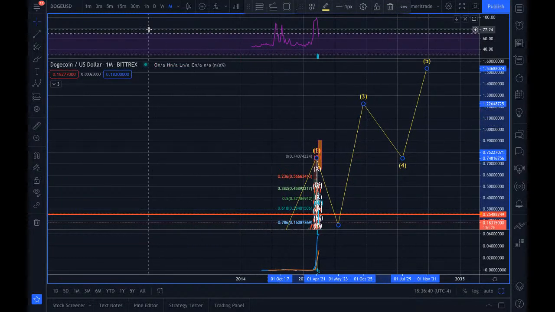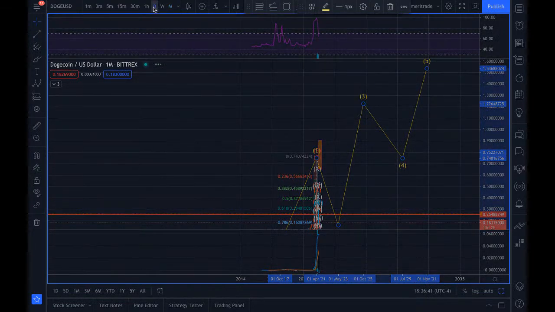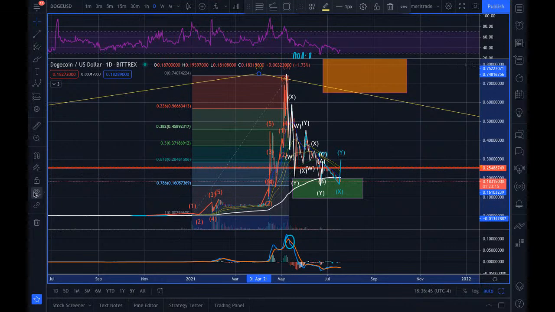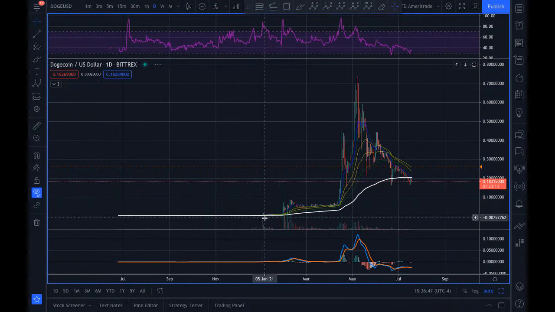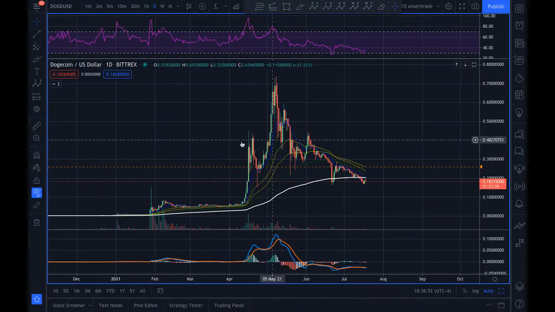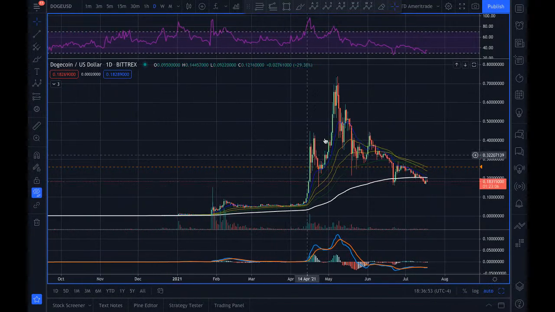But it'll look something like that. It'll look something like the daily chart looked like. Let me turn these off. See that 5 wave? 1, 2, 3, 4, 5. It'll look just like that, except it'll be on the monthly chart. And it'll be going up, obviously.